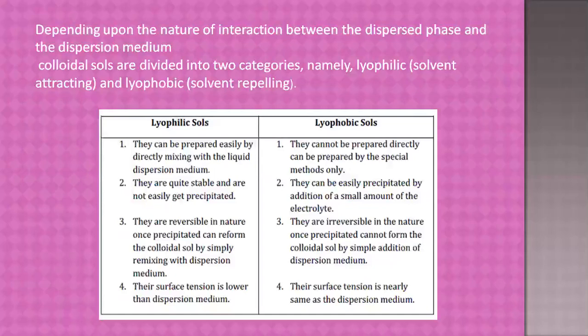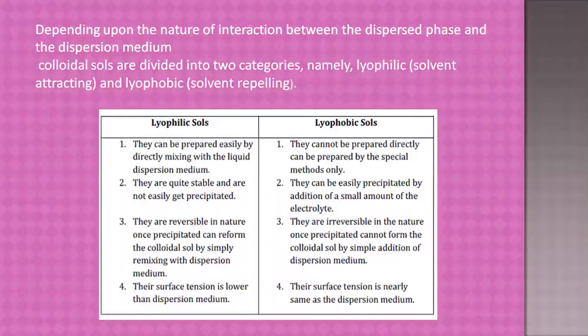Lyophilic sols can be easily prepared by directly mixing with the liquid, that is a dispersion medium. Lyophobic sols cannot be directly prepared, but are prepared by special methods. Lyophilic sols are quite stable and cannot be easily precipitated. Lyophobic sols can be easily precipitated by adding a small amount of electrolyte.